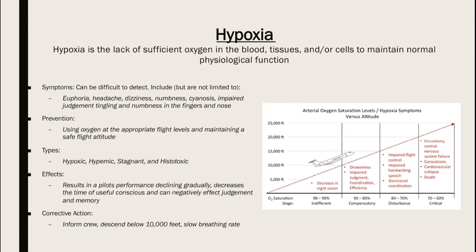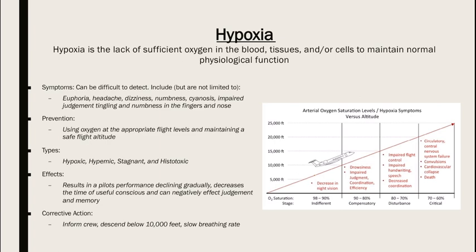The effect is a pilot's performance declining gradually. And as I said, they have euphoria, so the situation may not seem to be declining, but your time of useful consciousness is decreasing.